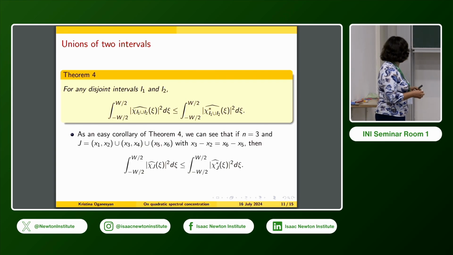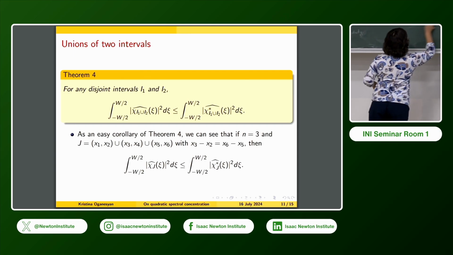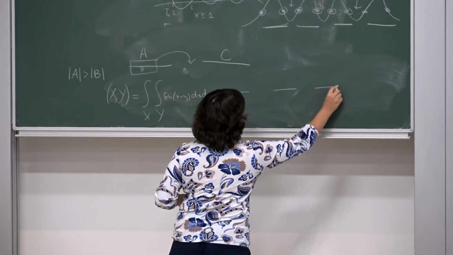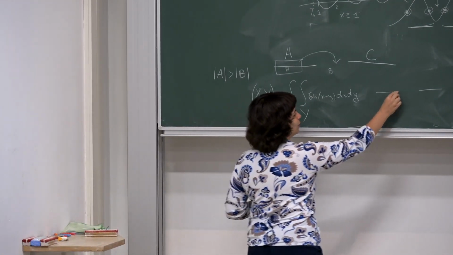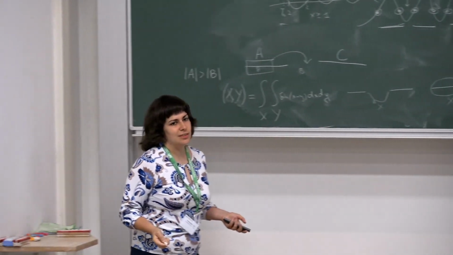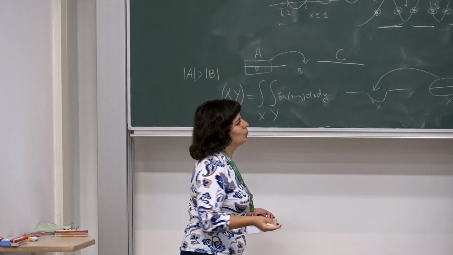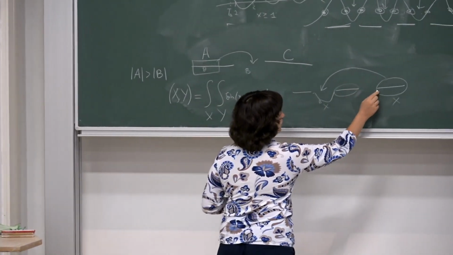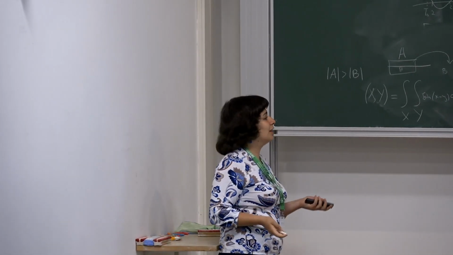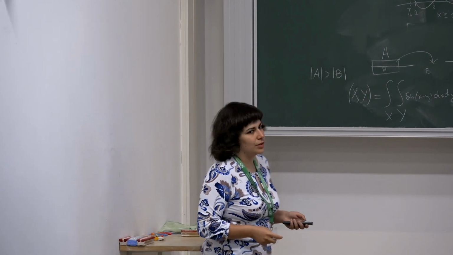One very easy corollary of this is that, okay, if we have just three intervals, and for some reason this hole here is the same as the length of the interval here, then it's better to put this interval into the hole. Why? Because the product of these two intervals will increase by the theorem, and we are done.